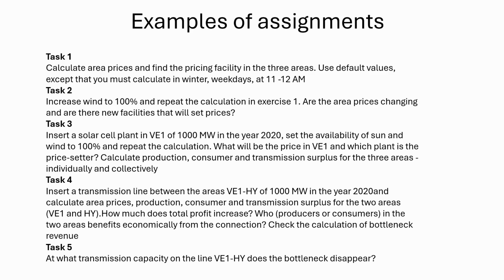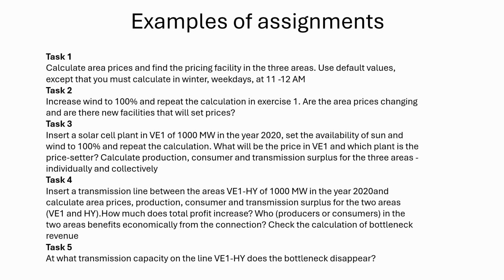I will now go through the 10 tasks that you can solve in order to get more hands-on experience with the power market. In the PMS education version, there are 3 fictitious areas, VE1, VE2, and HY.